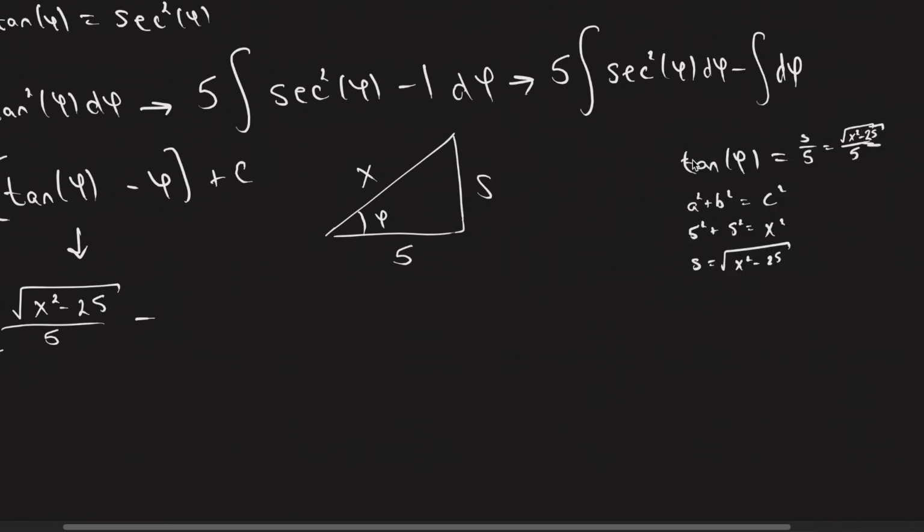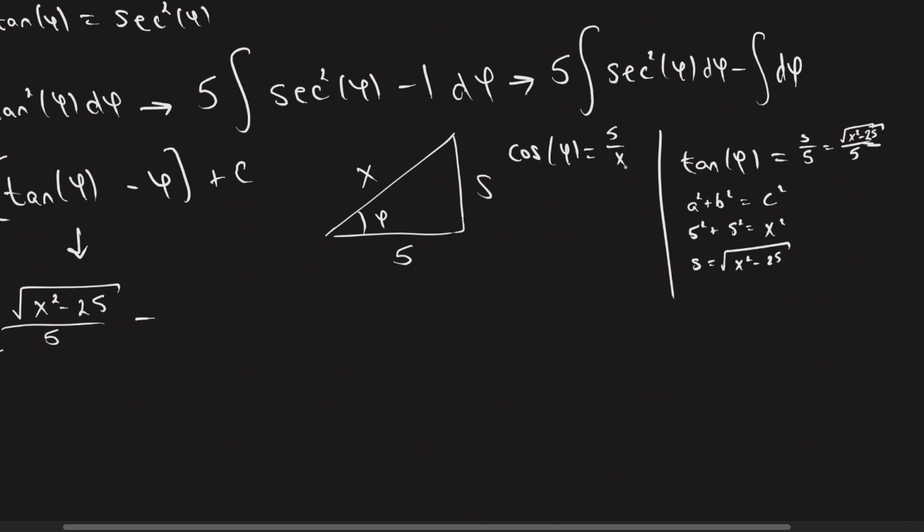Let's do sine. I'm a big sine guy. So sine phi is equal to opposite, which is s. I think using cosine would be easier because we have this and this. It wouldn't be such a pain to write. So let's use cosine. Cosine phi is equal to 5 divided by x, right?